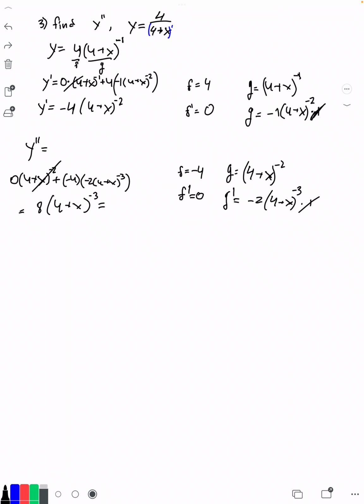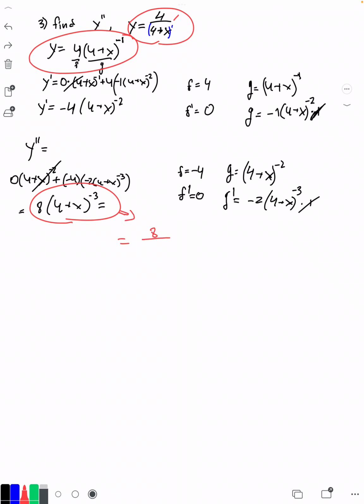And we can rewrite it the same as we changed those two, into equals 8 over 4 plus x to the power of 3.